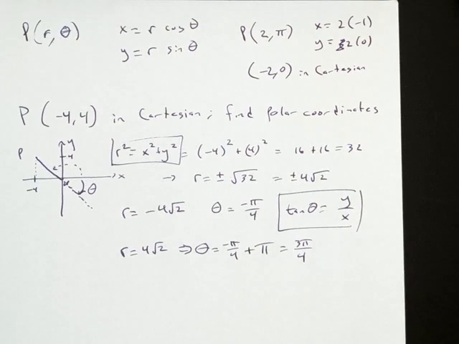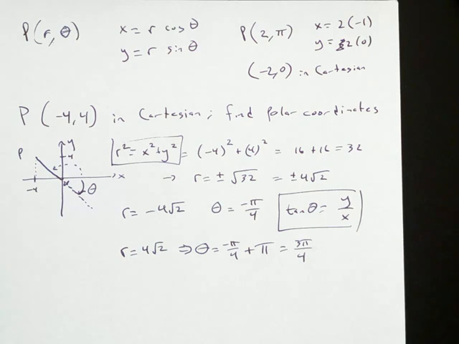Leo, you were trying to show me something on your calculator. What were you showing me? Sorry, I took inverse tangent of 4 over negative 4, and that's minus 45 degrees. Right, and I'm going to work in radians almost always. I'm going to rarely use degrees here because I find that working in radians is more convenient in this setup. But absolutely, it gives me negative pi over 4.